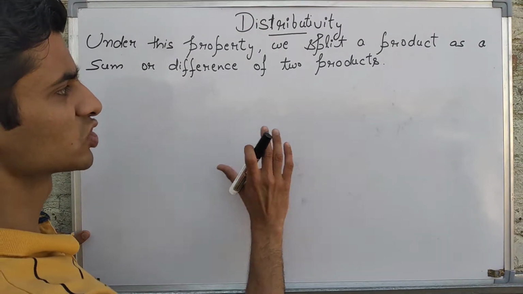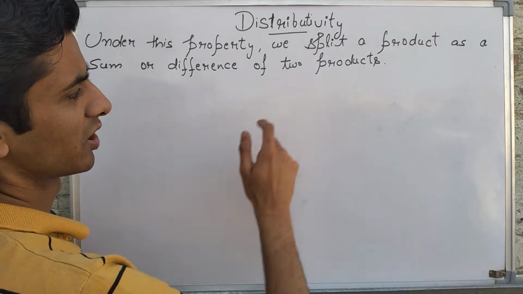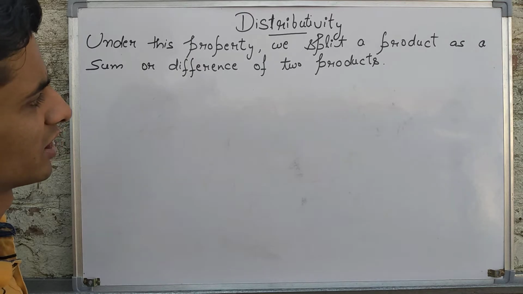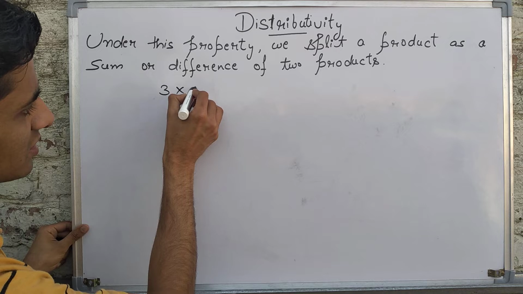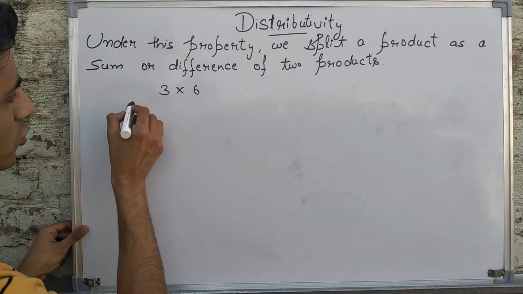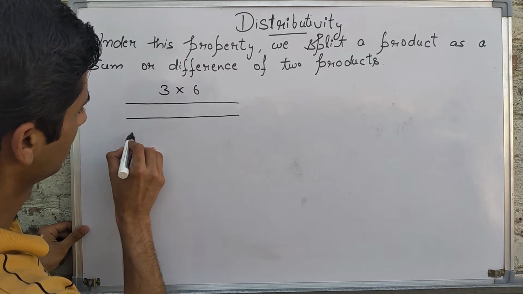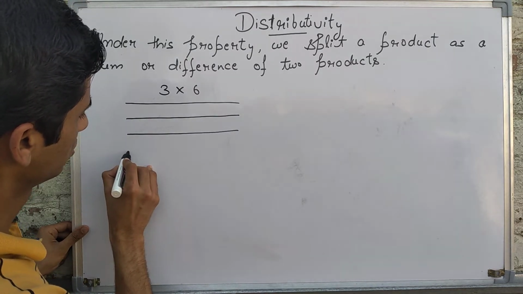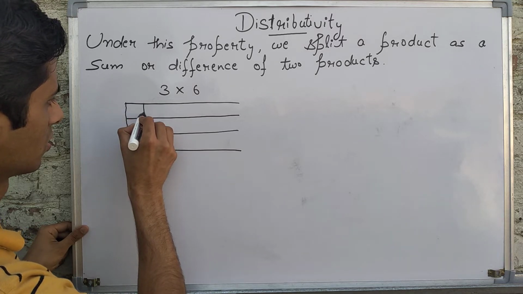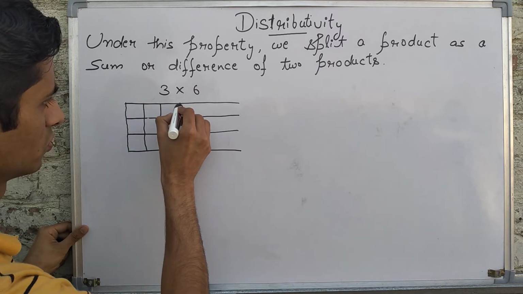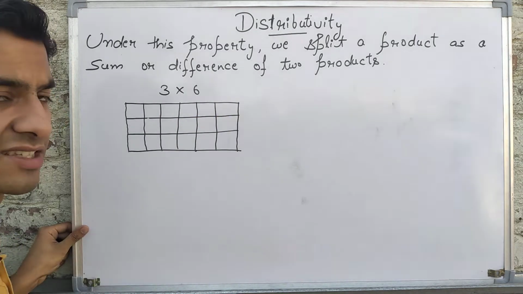Let us visualize what this statement says. We split a product. If you want to show a product, how can you show? Suppose you want to show 3 into 6. What is the best way to show 3 into 6? 1, 2, 3 rows. 1, 2, 3, 4, 5, 6 columns.